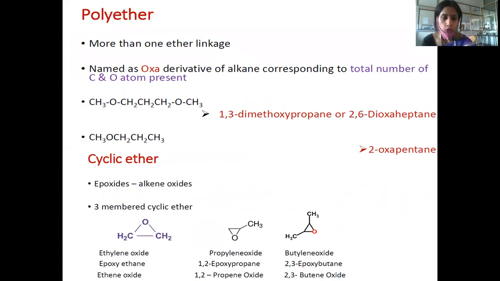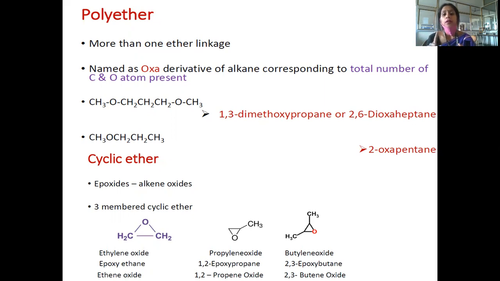Then there are polyethers also. Polyethers means they have more than one ether group or ether linkage. They are called oxa derivatives. While naming them, when we name the whole molecule, we have to give the name corresponding to the total number of carbon and oxygen atoms. For example, in the first example there are 1, 2, 3, 4, 5 carbons plus 2 oxygens, so 7.